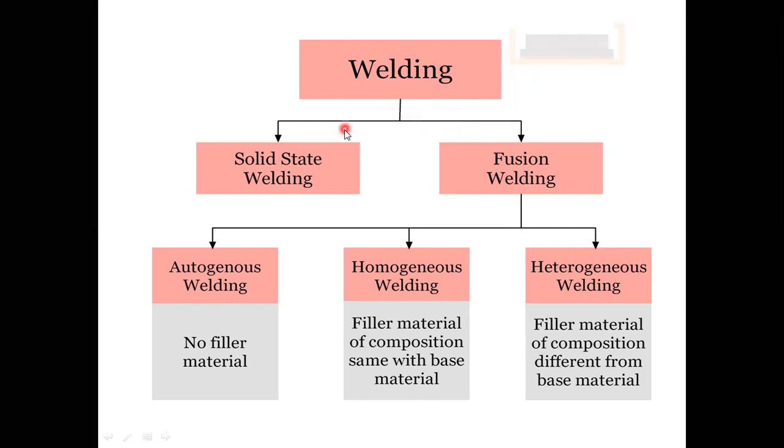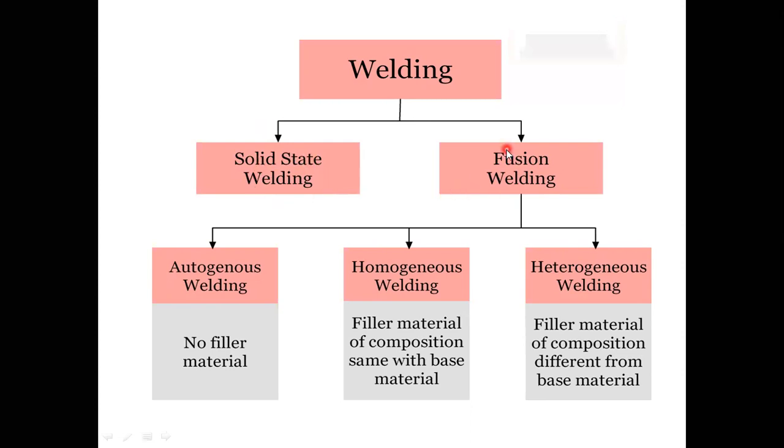Actually, you can categorize welding in many ways, but now we can say there is solid state welding and another is fusion welding. In solid state welding, two metals are joined together, but without using an arc, and no fusion is there, because the two metals are not melted here.